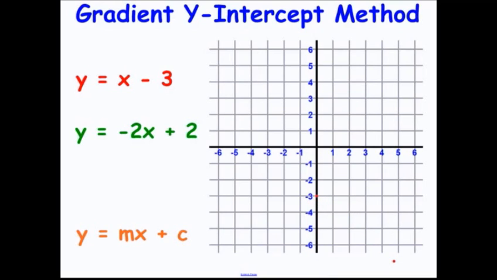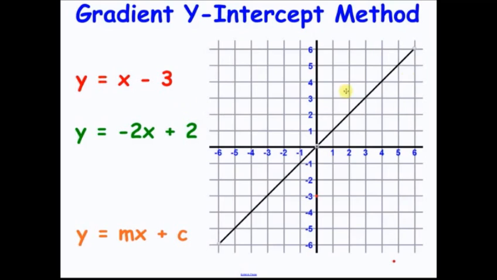Now let's draw our line with the correct gradient. We know the line has to have a gradient of 1 because there's an invisible 1 before the x. So we're now going to draw a line with a gradient of positive 1. All that means is for every 1 I go along, I go 1 up. So that's actually quite a nice diagonal line.